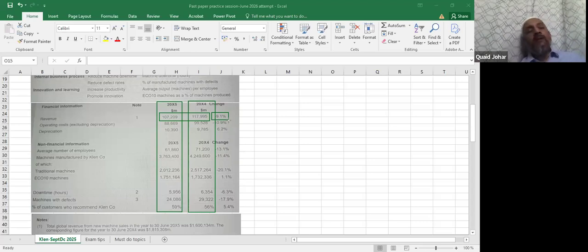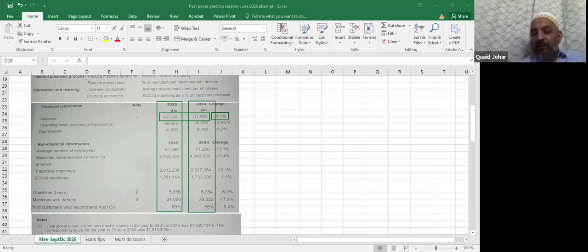Over here in performance measurement, you need to understand one thing: if profits of a company have reduced, or if sales of a company have reduced, we need to see what has happened to others in the industry. The others in the industry may have been facing a very, very bad situation, and they may have lost profit by a very high percentage compared to this entity which you are observing.